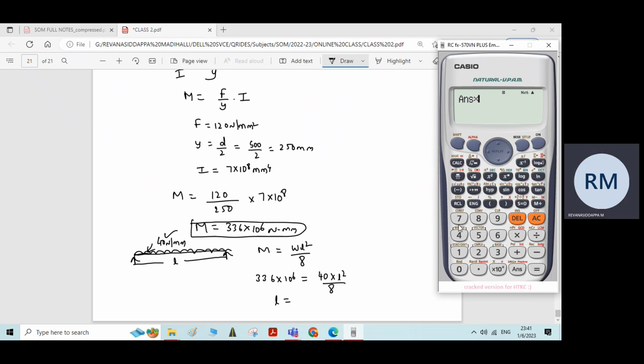Into 8, divided by 40, and root of answer.